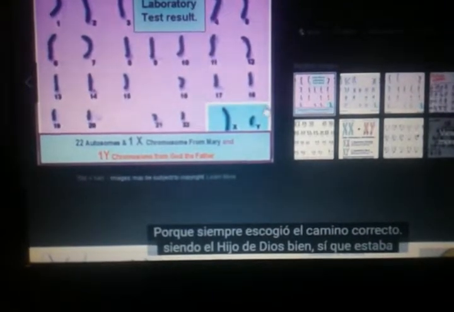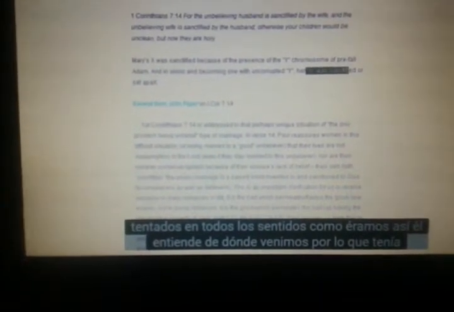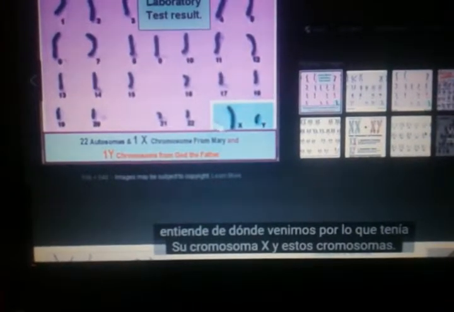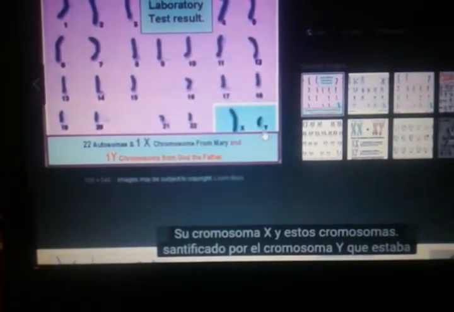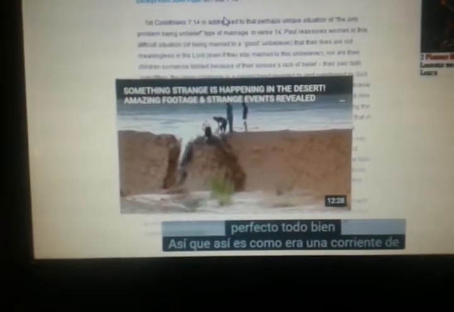Yet he was tempted in all ways as we were, so he understands where we come from. So he had his X chromosome, sanctified by the Y chromosome. That was perfect. All right? So this is how that was occurring.